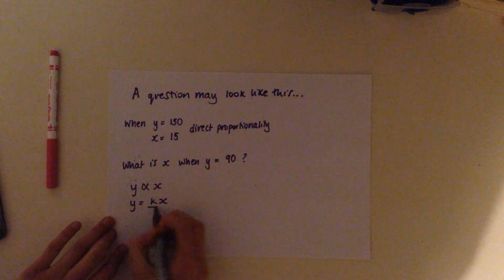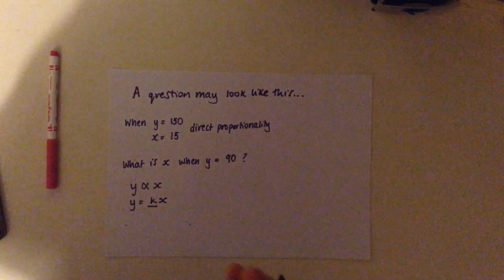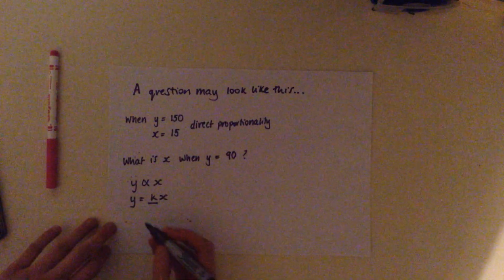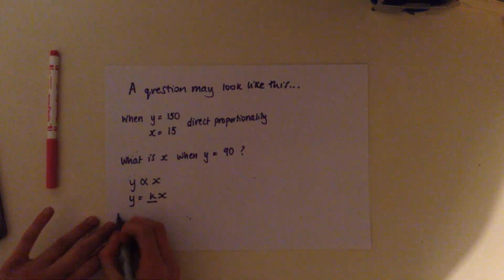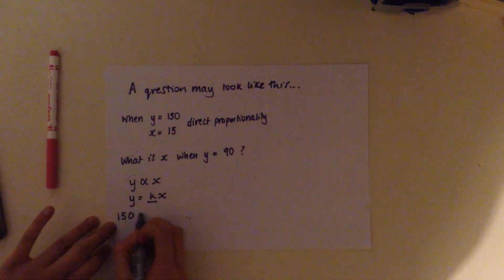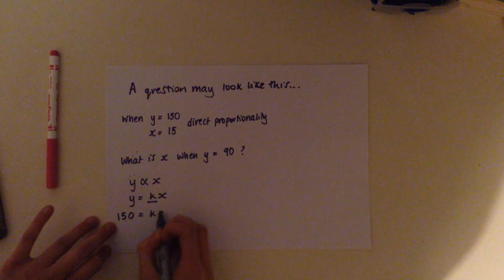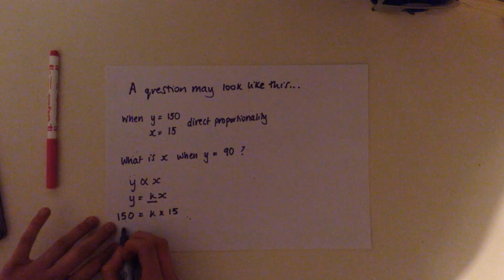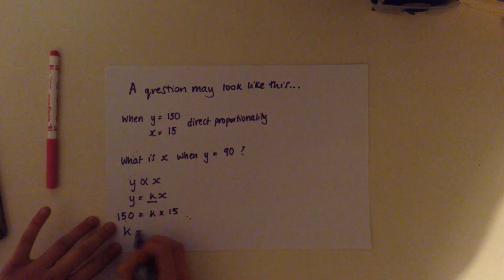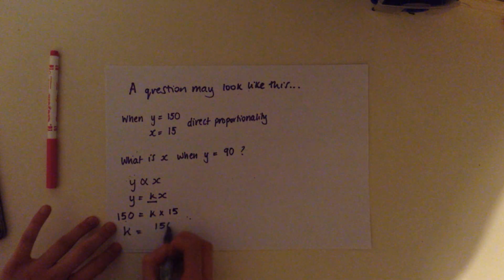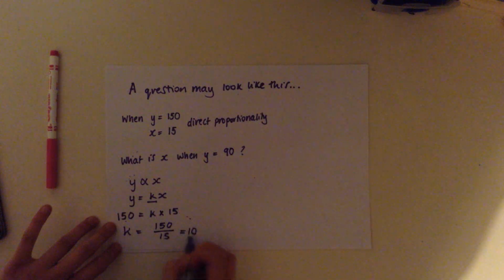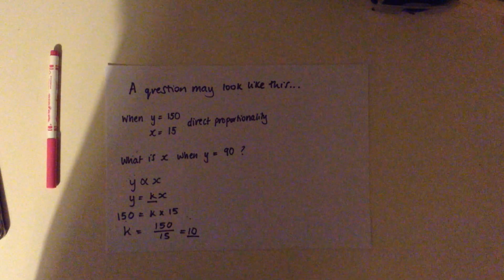Now k is a factor that multiplies into both numbers. Okay, so we put the numbers in that we've been given. So y is 150 equals k times 15. If we rearrange the equation, we get k equals 150 divided by 15, which is 10. Okay, so we found out what k is.